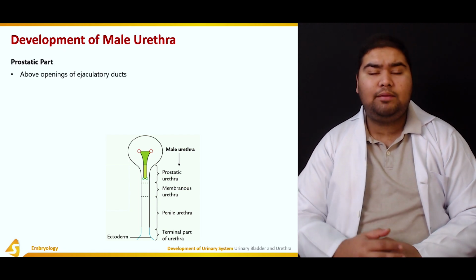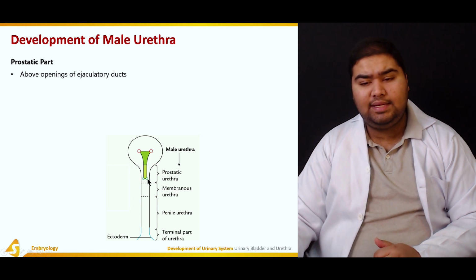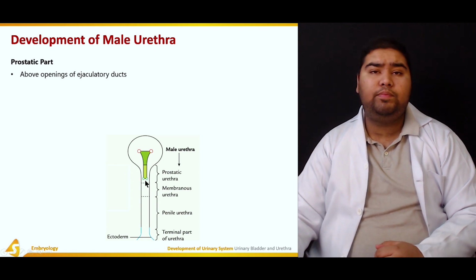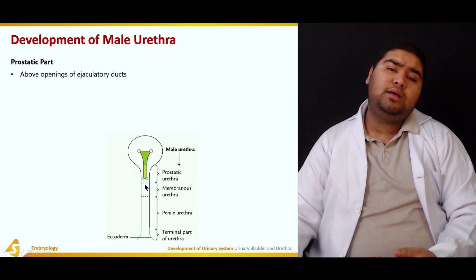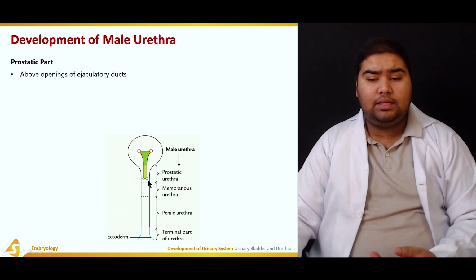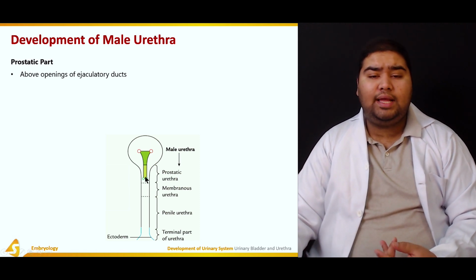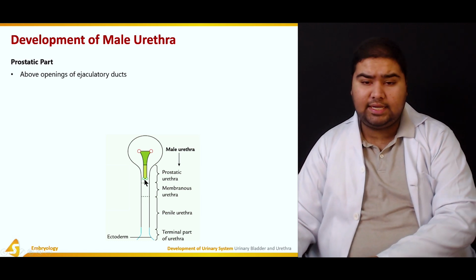The prostatic part lies above the opening of the ejaculatory ducts. These in blue are the openings of the ejaculatory ducts, which were initially the openings of the mesonephric ducts. The portion of the urethra that lies proximal to it is the prostatic part.